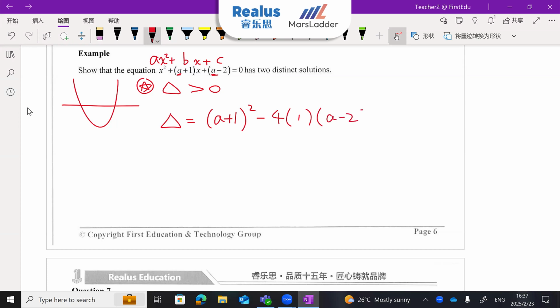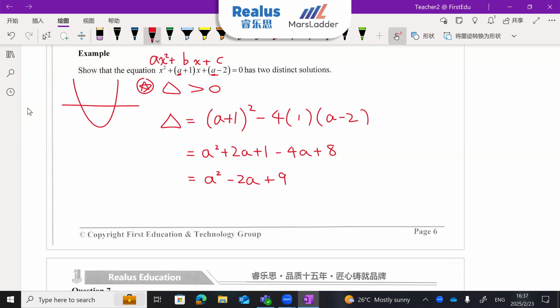This is your discriminant by the formula b squared minus 4ac. What we're going to do here is expand everything. So it's a squared plus 2a plus 1 minus 4a plus 8, giving us a squared plus 2a minus 4a plus 9, which is a squared minus 2a plus 9.